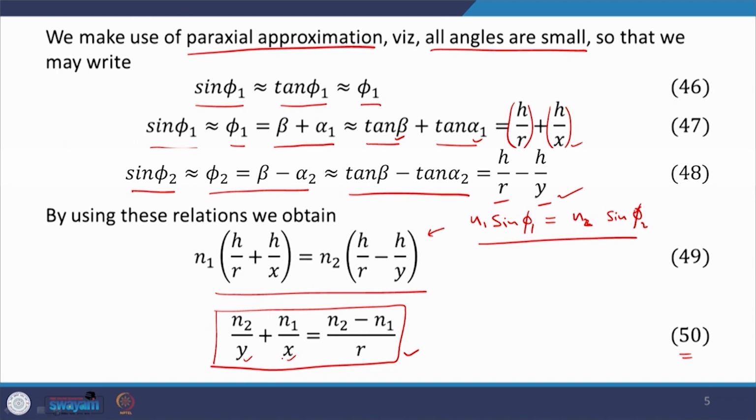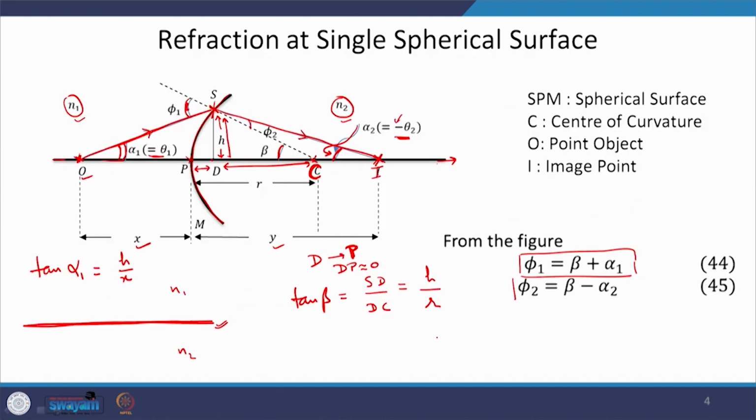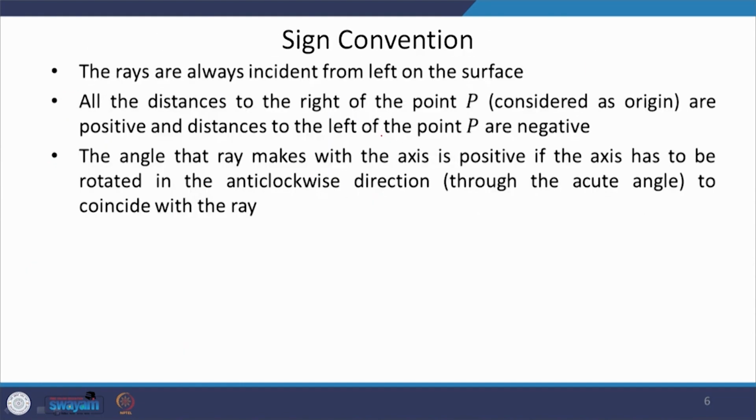Now, it seems that we are not familiar with this relation, but we will be. But before moving ahead, let us talk about the sign convention which we discussed here. You can see that I equated alpha 2 with minus theta 2. Now, what is this sign convention? Suppose you have an axis system with origin here at the center.